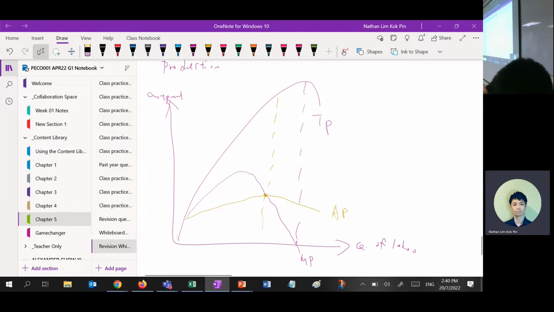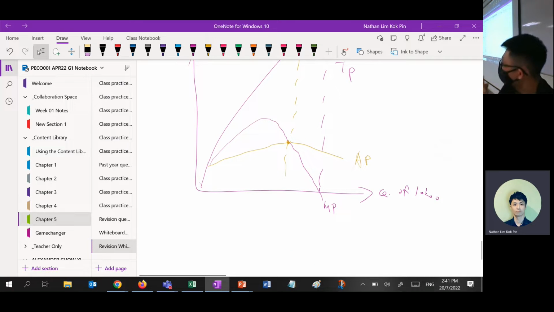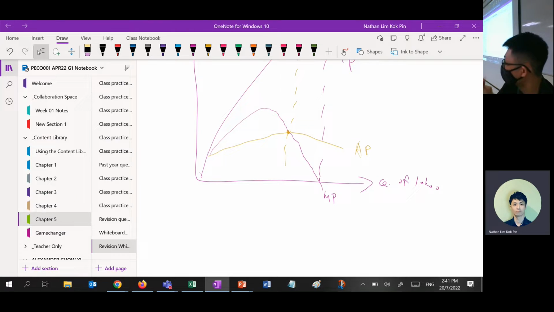You want to pass. TP is total product. MP is marginal product. AP is average product. Before we draw the stages of production, you have to use this diagram. The marginal product and total product are used to illustrate diminishing marginal returns. Remember this before you draw stages. If they only ask you to draw diminishing marginal returns, you can use either marginal product or total product to discuss.